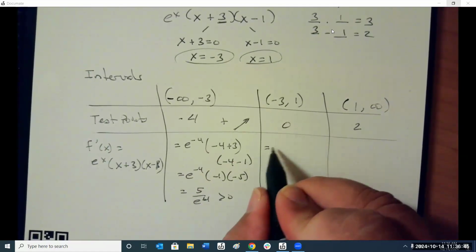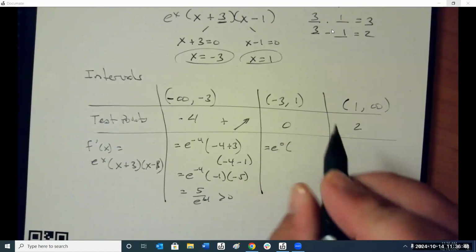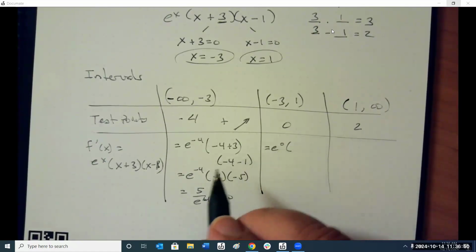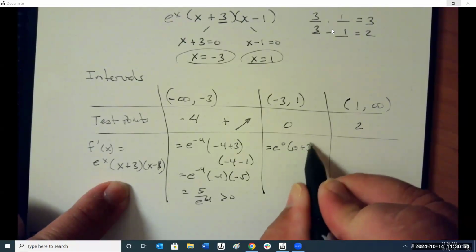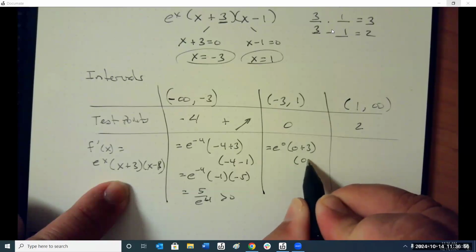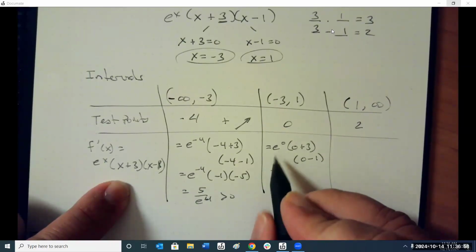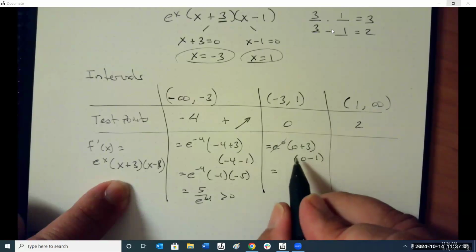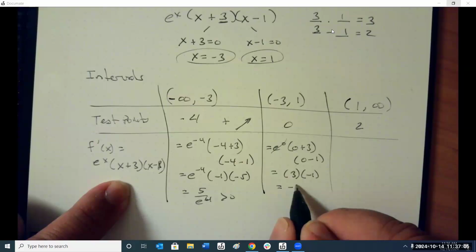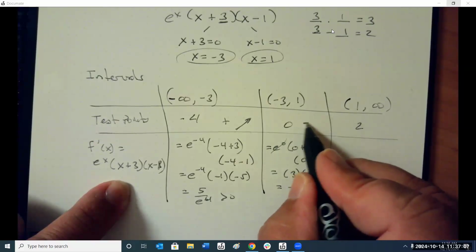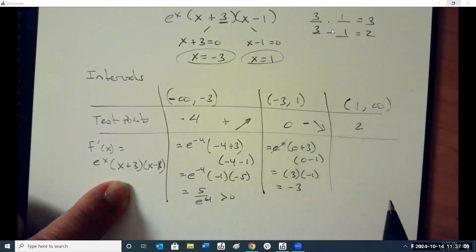At 0, we got e to the 0 times (0 plus 3) times (0 minus 1). e to the 0 is 1, so we have 3 times negative 1, which is negative 3. It's negative, so it's decreasing.